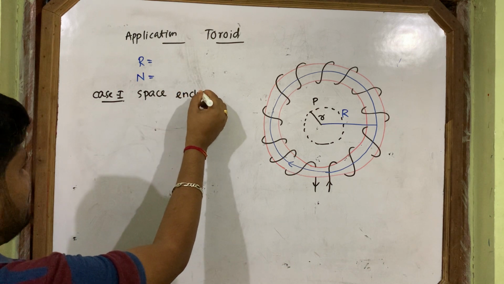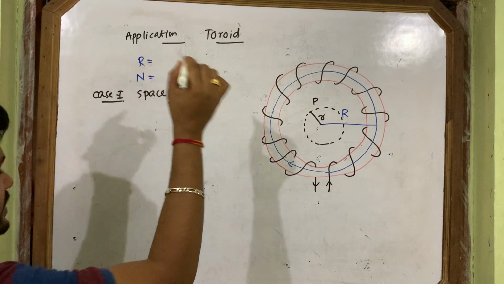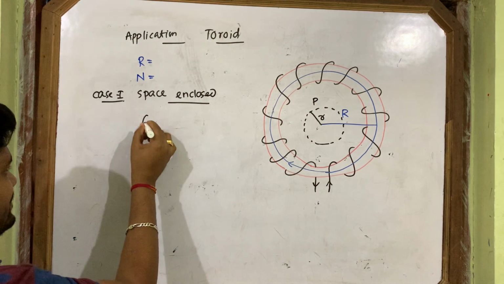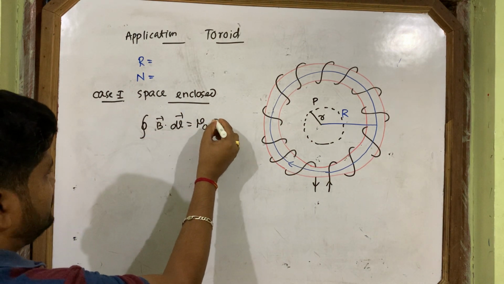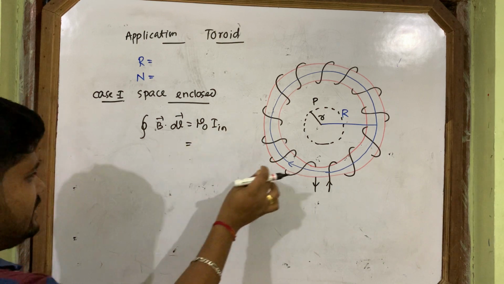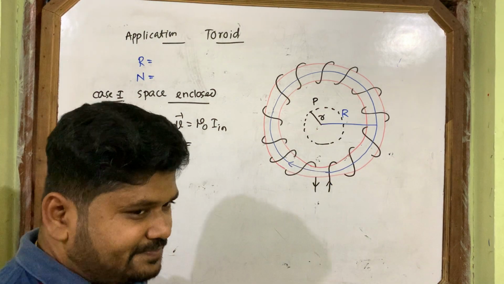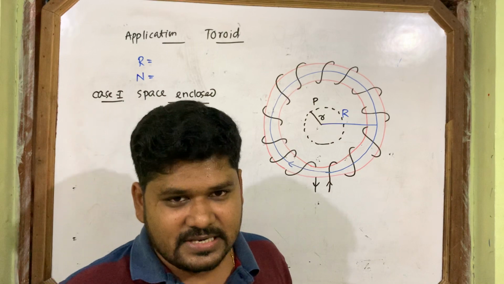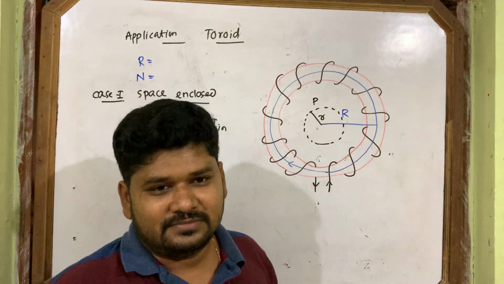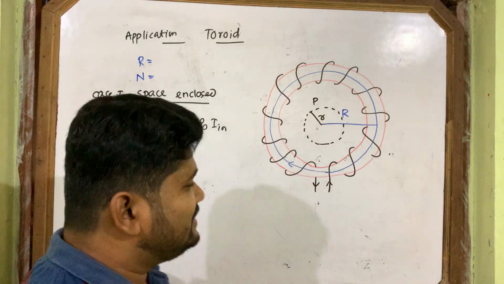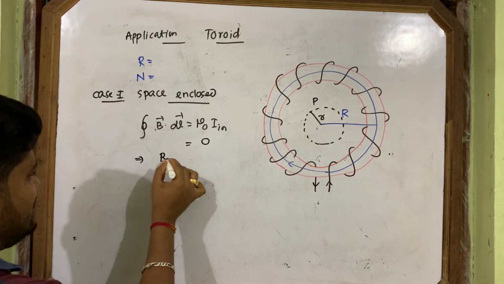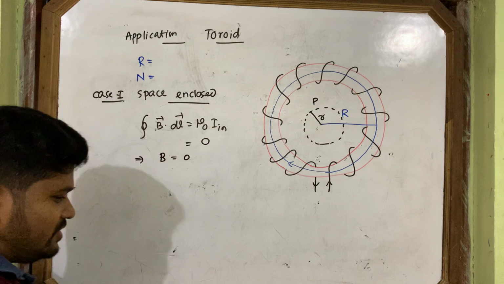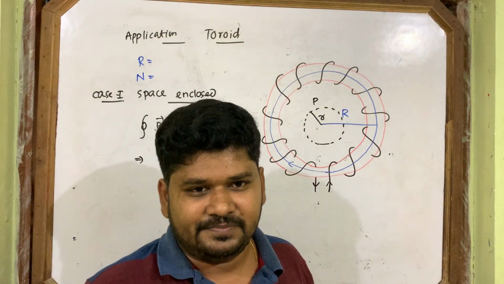Using Ampere's circuital law, the closed integral of B dot dl equals mu naught I enclosed. What is the current enclosed inside the loop? Is there any current enclosed by the loop? There is no current. If there is no current, this is 0. So the magnetic field in the space enclosed by the toroid is 0.